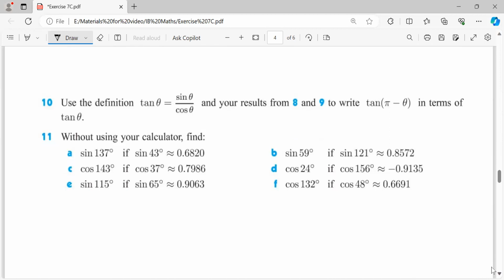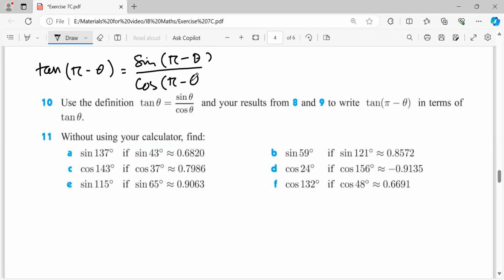Use the definition tangent equals sine theta over cosine theta, and your results from 8 and 9 to write tangent (pi minus theta) in terms of tangent theta. Okay, so tangent (pi minus theta) equals sine (pi minus theta) over cosine (pi minus theta).